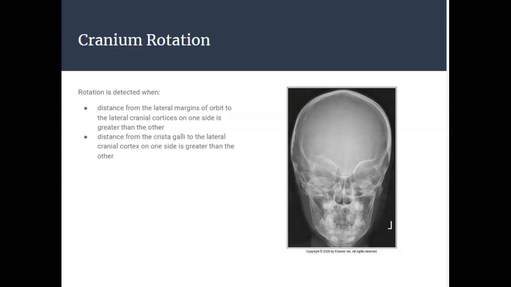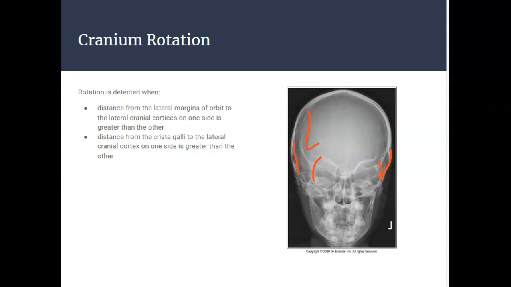If one side is greater, like in this instance, this distance here is greater than the distance from this side to the lateral border. With this distance being greater, the head is turned away from the right side towards the left.